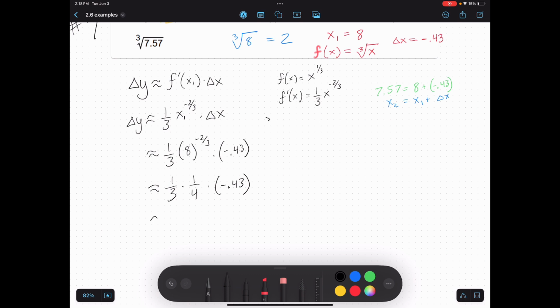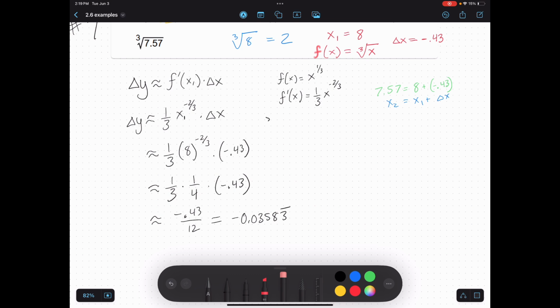So this leaves me with negative 0.43 over 12, which if I put that in my calculator, I get negative 0.03583 repeating.